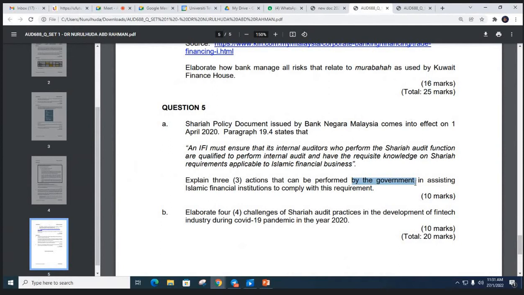Sponsorship, lagi apa? Insentif kepada IFI. Apa lagi government boleh buat? Maybe government bagi contohlah tax relief for the institutions that conduct training for Sharia auditor.